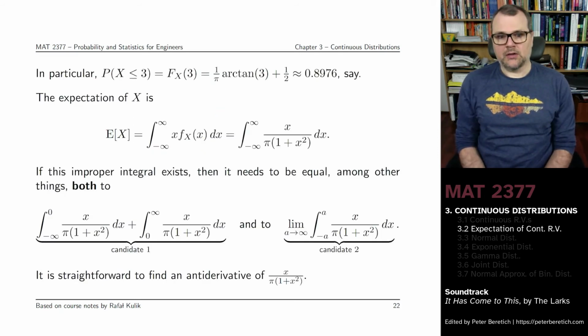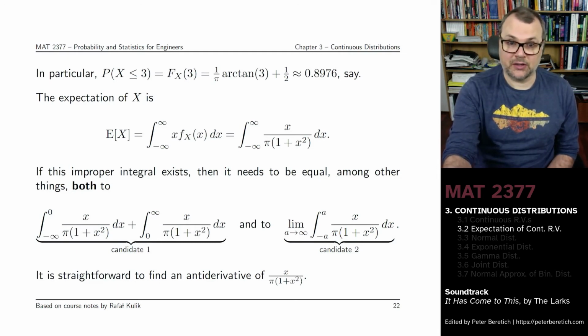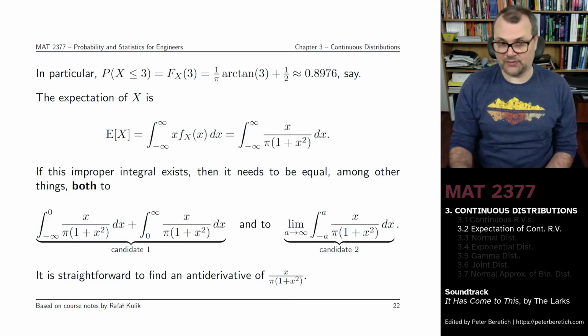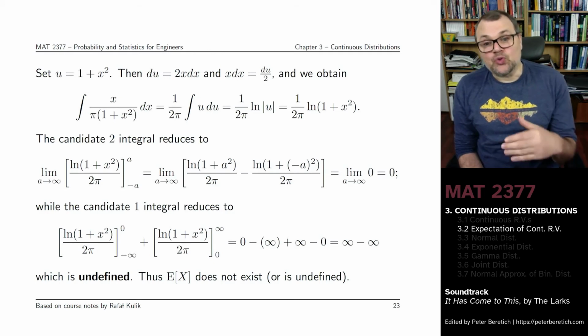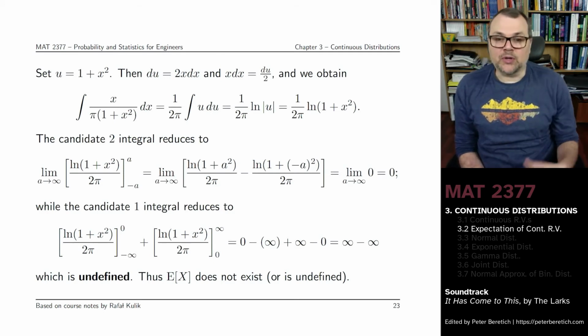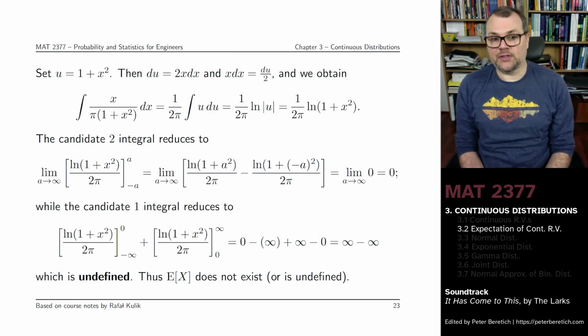CDF. But if you try to compute the expectation, you try to integrate this function here over minus infinity to positive infinity, you will find that it does not exist. The value of the integral is infinity minus infinity, which is undefined. Well, when it's undefined, typically you have to do something else. I'm not doing it here, but no matter how you swing it, you cannot compute a value for this integral.